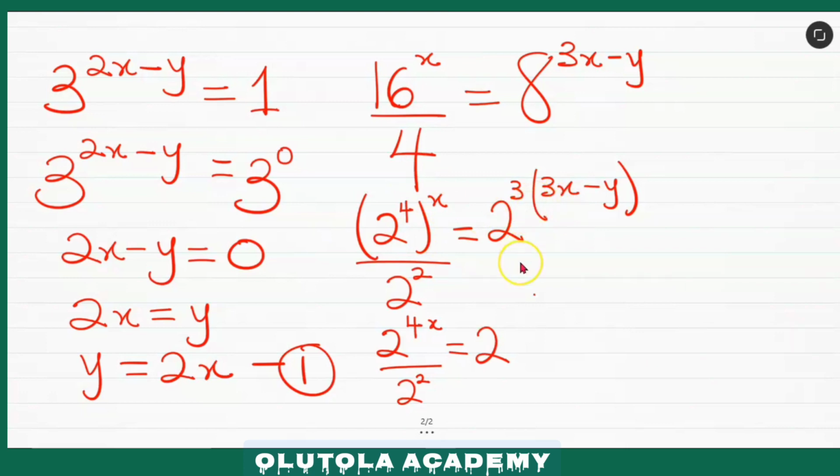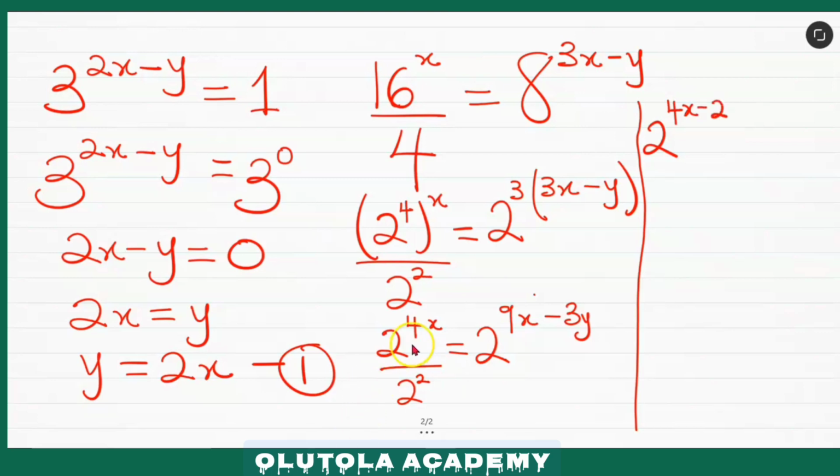I'm going to have 9x minus 3y. So that is this. Then according to the law of indices, when you are dividing, you can subtract the powers. So I'm going to have 2 raised to power 4x minus 2.